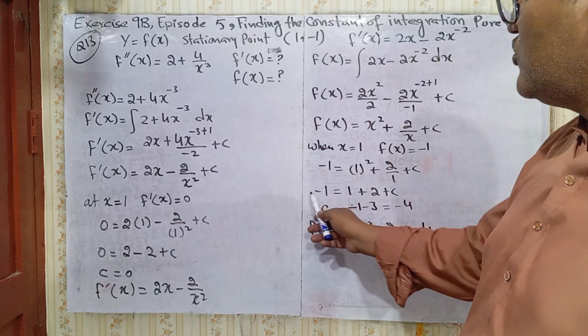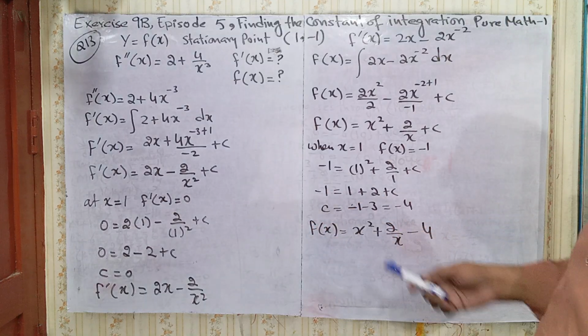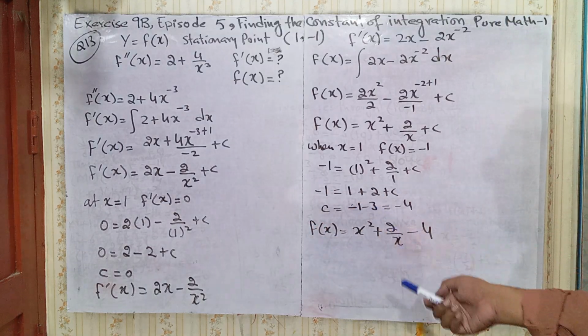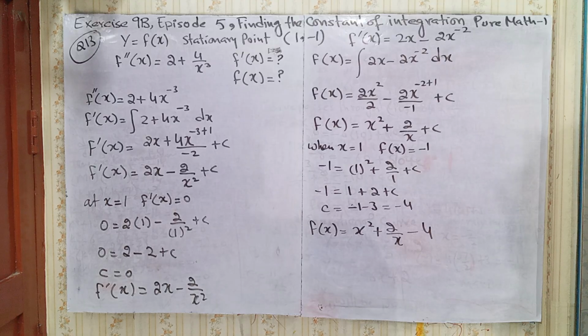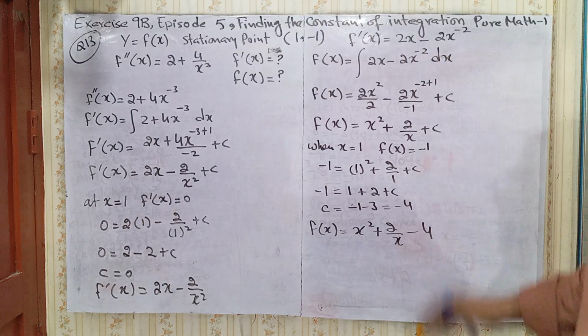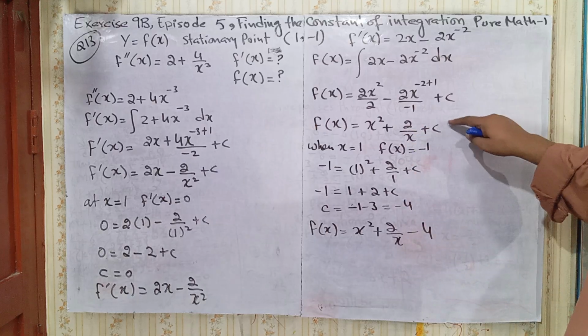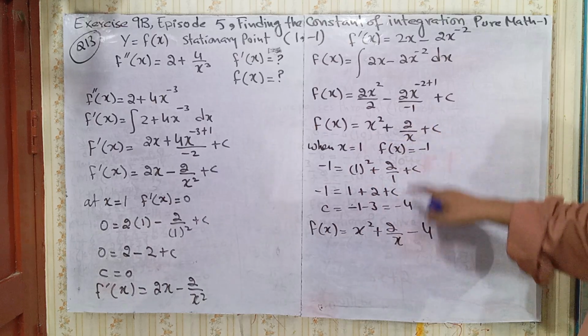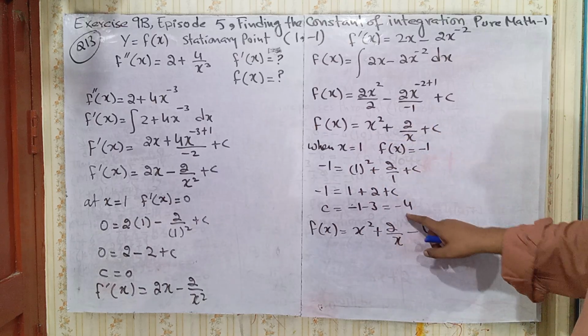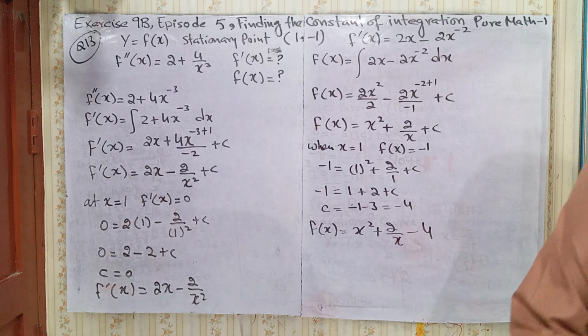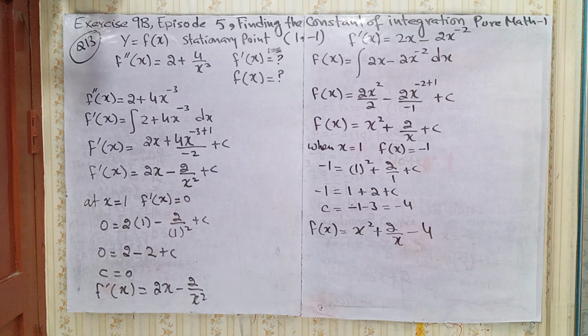This is plus 3, and when it goes to the other side, it becomes minus 3. So c will be equal to minus 1 minus 3, that's minus 4. The value of the constant of integration here is minus 4. So the equation of the curve will become x square plus 2 by x minus 4. So this is how you will do question number 13 of exercise 9b.